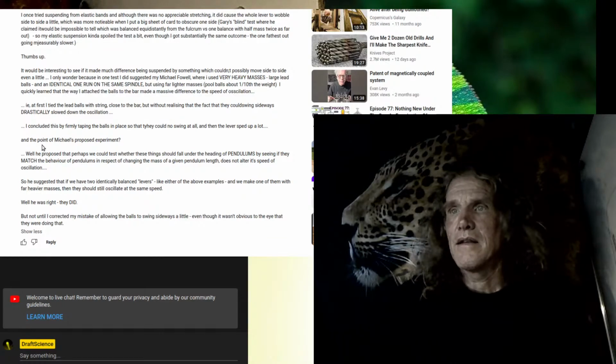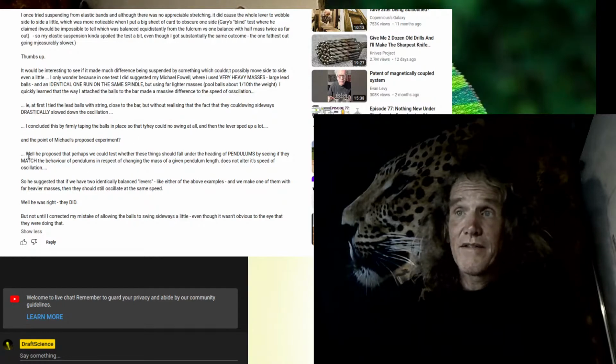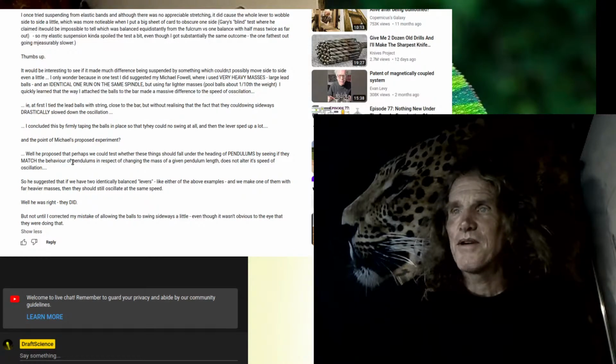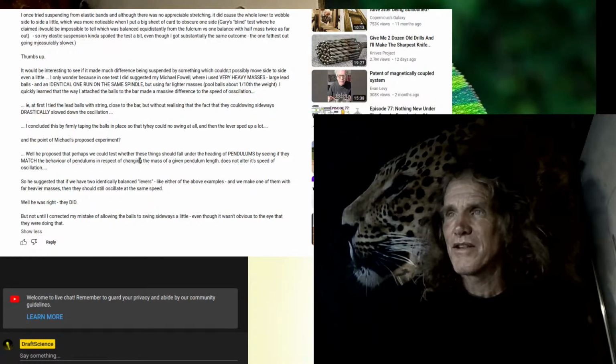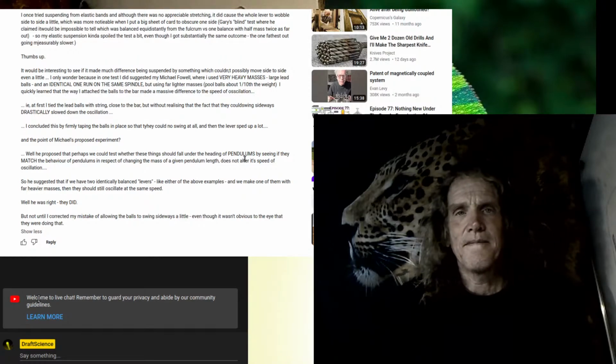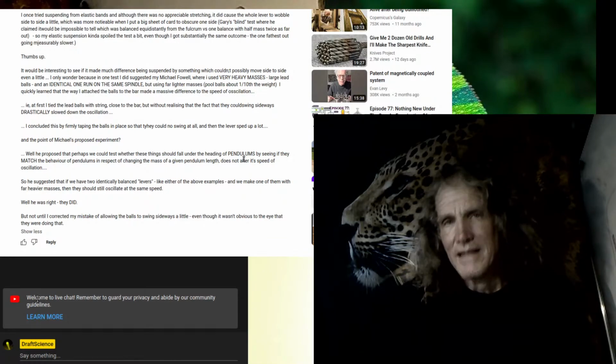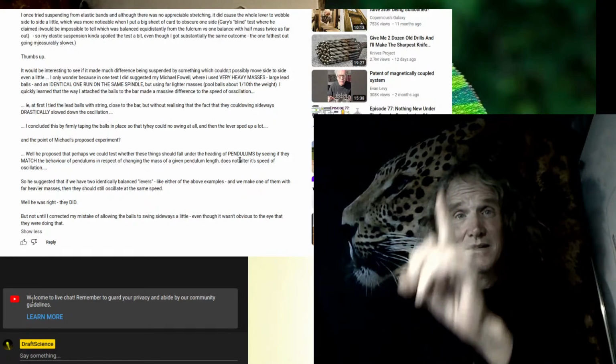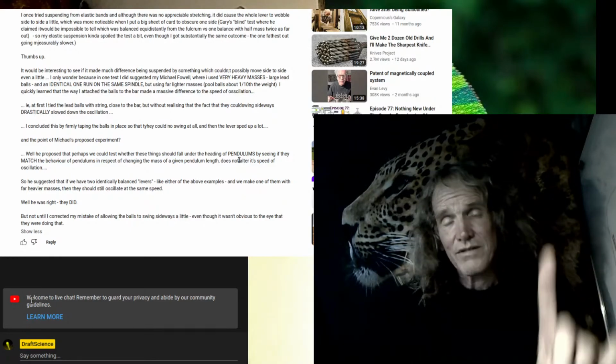"And the point of Michael's proposed experiment?" Well, we don't know, right? You did the experiment and you didn't show any of it, so blah, blah, blah. Anyway, he proposed that perhaps we could test whether these things should fall under the heading of pendulums. Who cares? Obviously, when I did the experiment, I pointed out that the advantage of me using magnets is the weights are always in the same position.